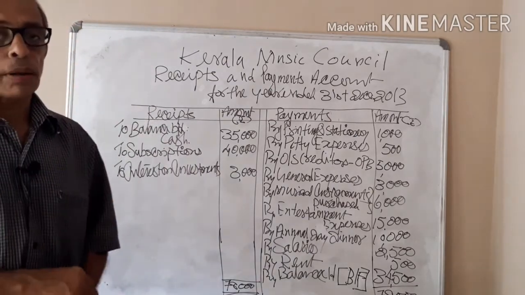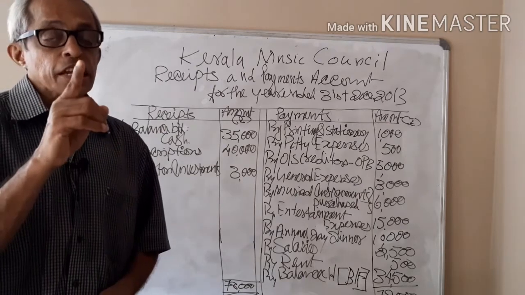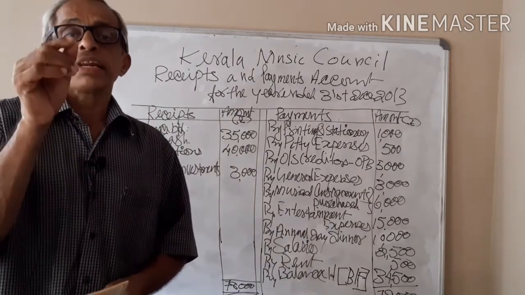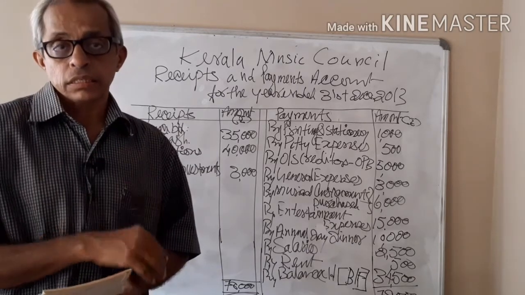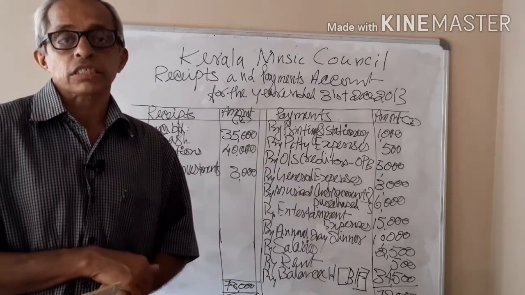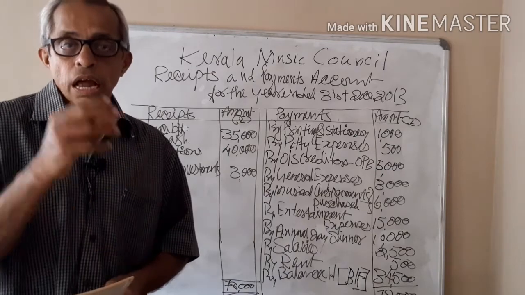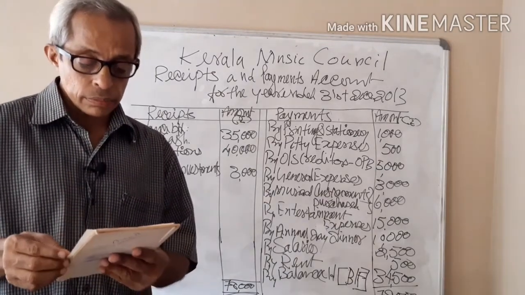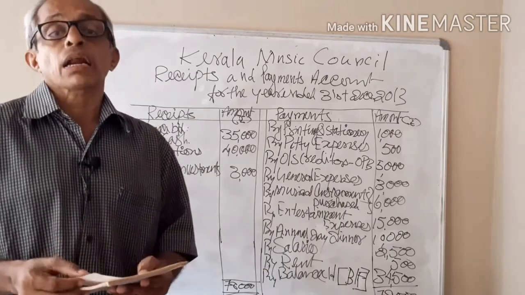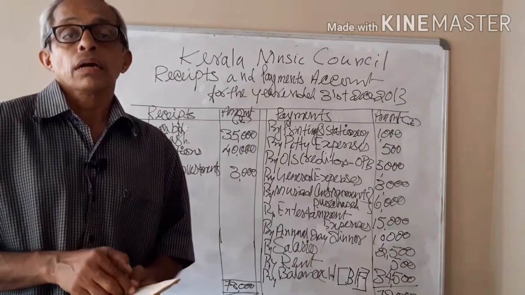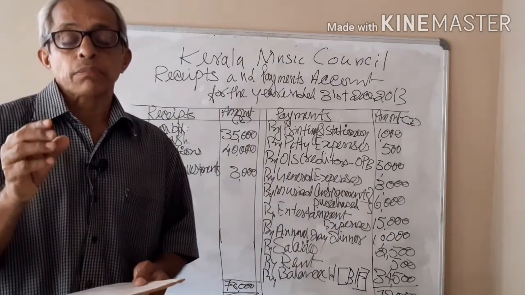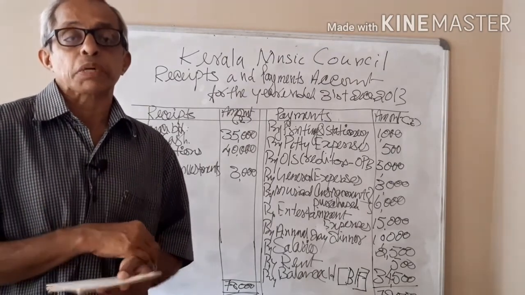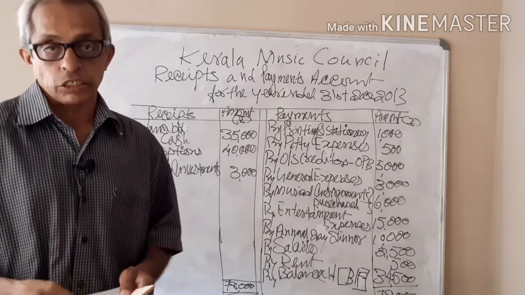In that problem, we are given the opening balance sheet and certain transactions and adjustments required, and we are asked to prepare the receipts and payments account, income and expenditure account, and balance sheet.